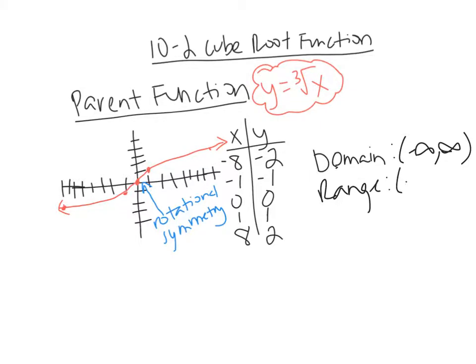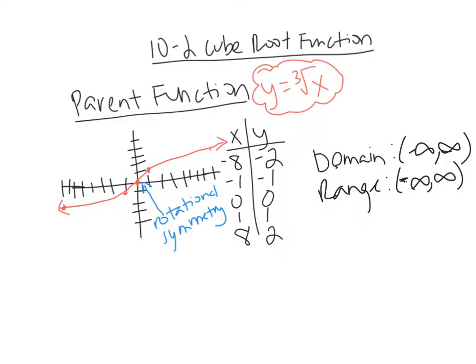The range again is exactly the same. I have no restrictions. I can get positive outputs, I can get negative outputs. So -infinity to infinity. And again, for the parent function, the x and the y-intercept is the origin. But of course, if we apply transformations, move that up, down, left, right, that could change.